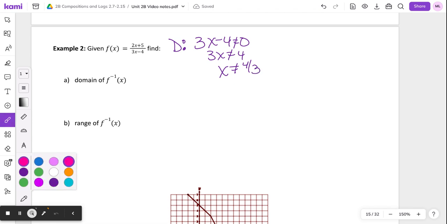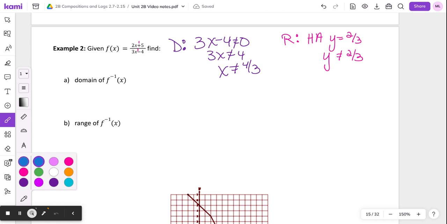Then the range of your rational function, remember, is going to depend on any horizontal asymptotes. And since the degree is equal in numerator and denominator, there's a horizontal asymptote of y equals 2/3. So the range would be everywhere except 2/3.